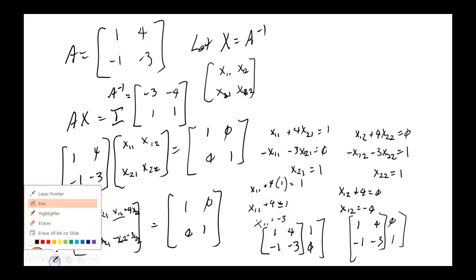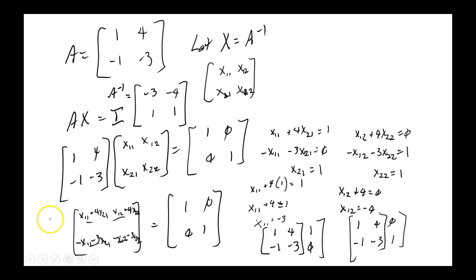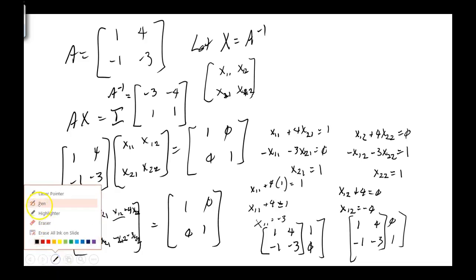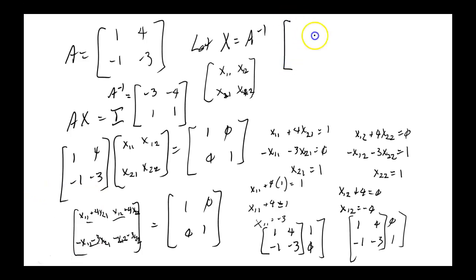What you could have done is this. 1, 4, negative 1, negative 3, and then 1, 0, 0, 1 here, and solve those simultaneously. It would have saved the writing. The steps would have been the same.